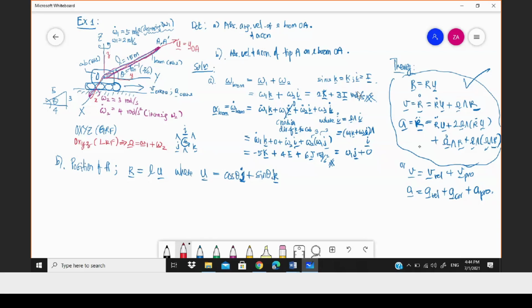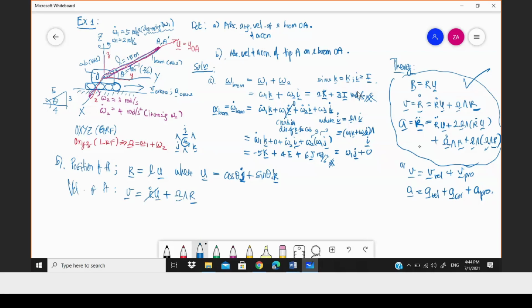Okay. Then we write down the velocity of point A. So just V. So R dot is 0.